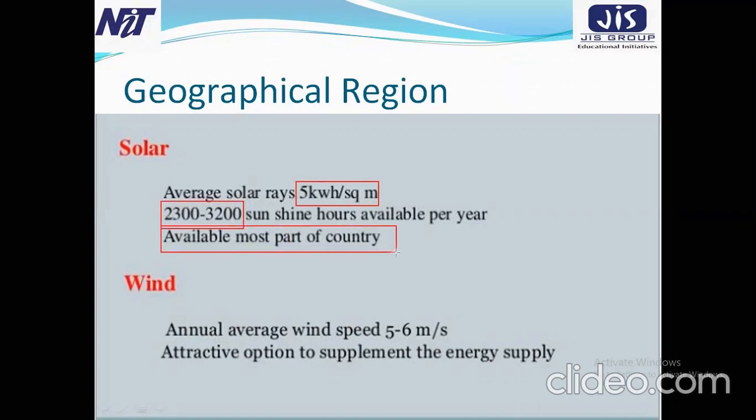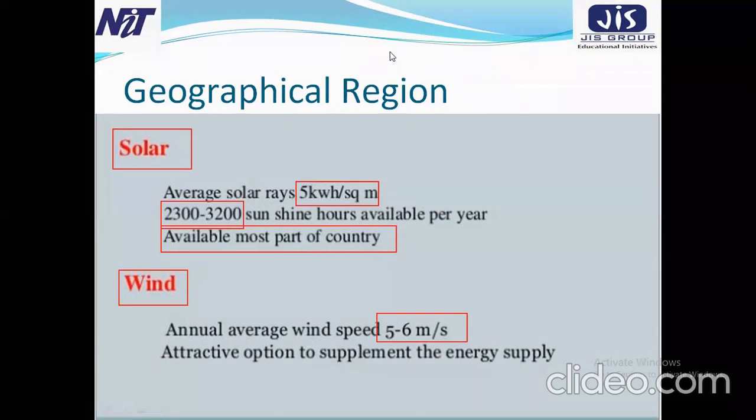So this is one of the most important advantages for a country like India for installing solar panels. And for wind, what are the facilities in India? It obviously has some disadvantages, but we also have some advantages, like annual average wind speed of 5 to 6 meters per second. It is an attractive option to supplement the energy supply. So for that reason, wind power has a very good future in a country like ours.